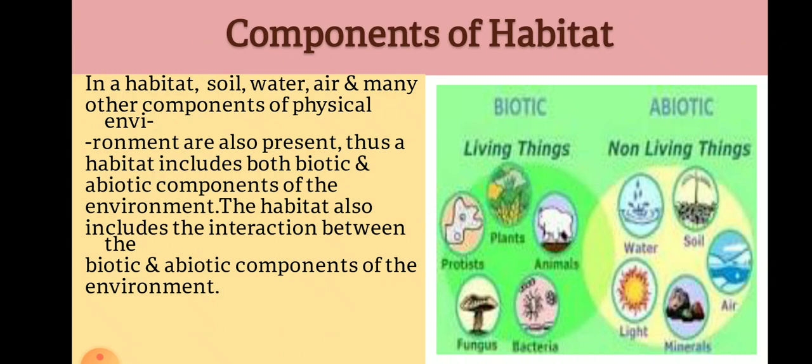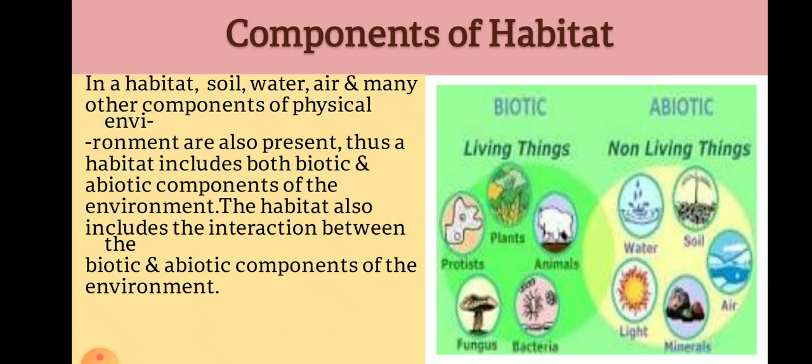Now, what are the components of a habitat? In a habitat, soil, water, air, and many other components of physical environment are also present. Thus, a habitat includes both biotic and abiotic components of the environment.